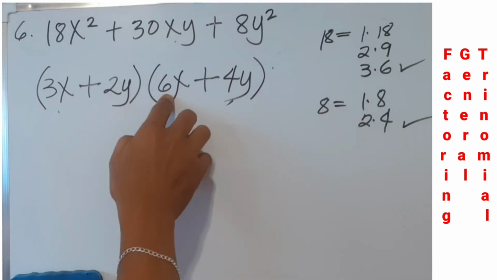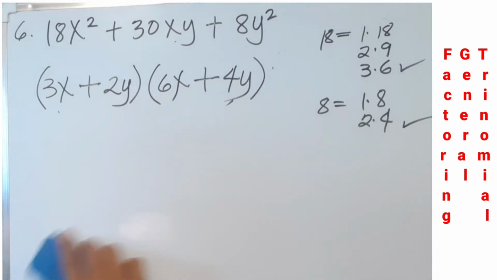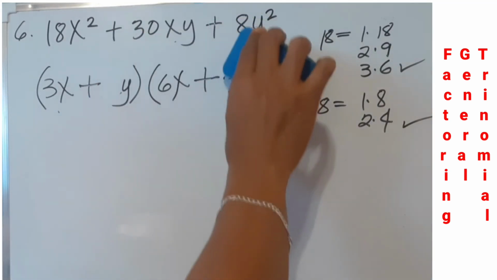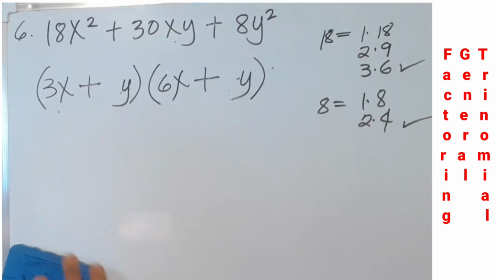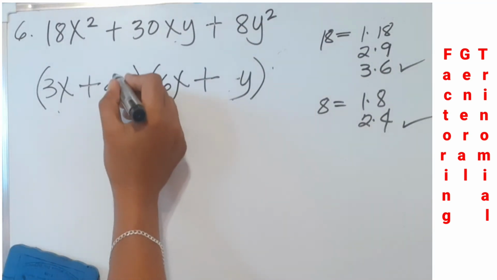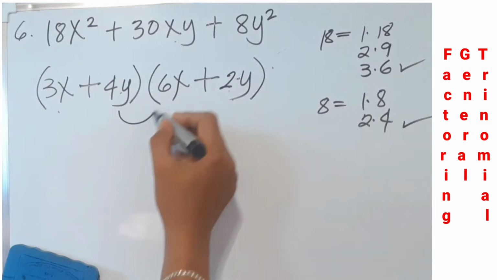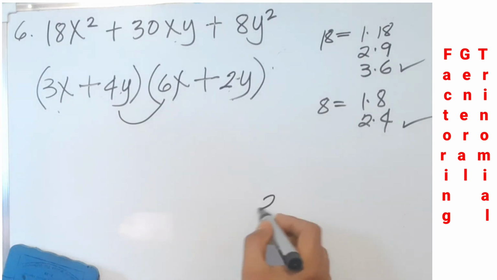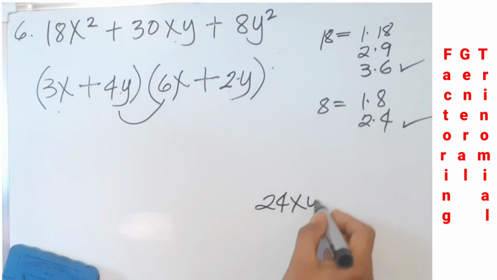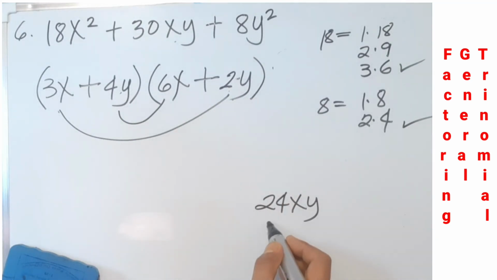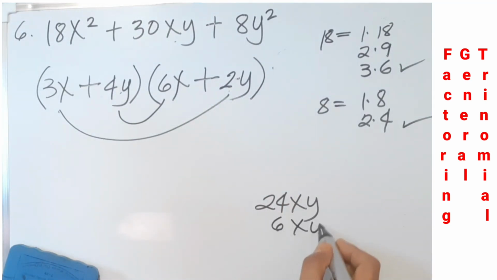Since 3x and 6x are not equal, we can interchange 2 and 4. So it can be 4y, it can be 2y. And let us try. 4y times 6x is 24xy. 3x times 2y is 6xy.